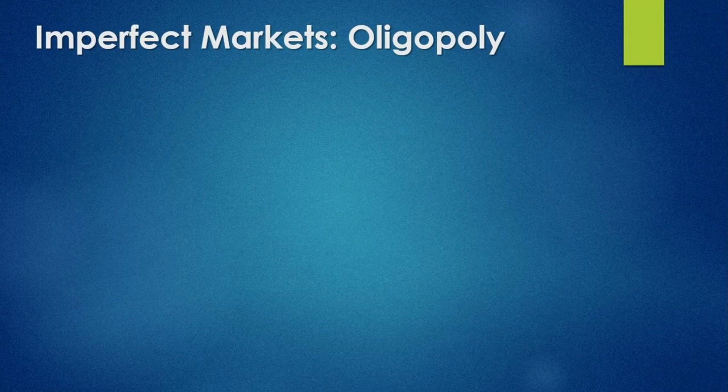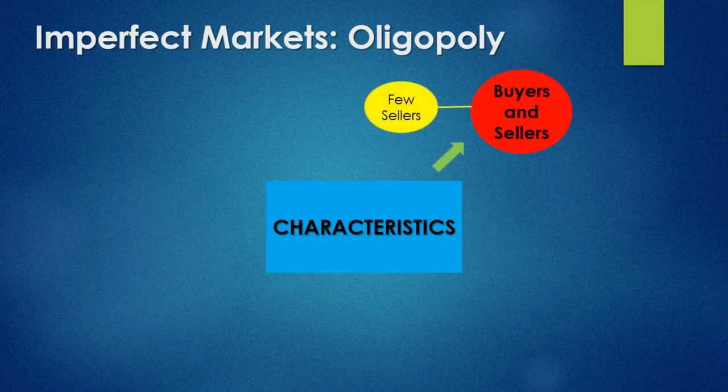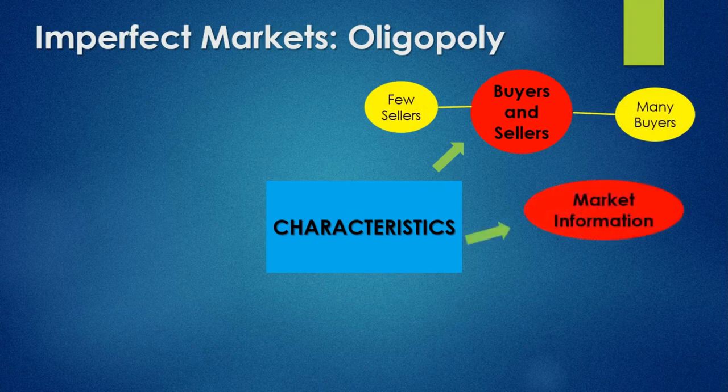We then move on to an oligopoly. So we said an oligopoly is where we have a few businesses which dominate the market. And so we look at what makes up this market, the number of buyers and sellers. Well, we have few sellers and many buyers. So like we said, a few businesses that dominate the market and many people willing to buy their product.